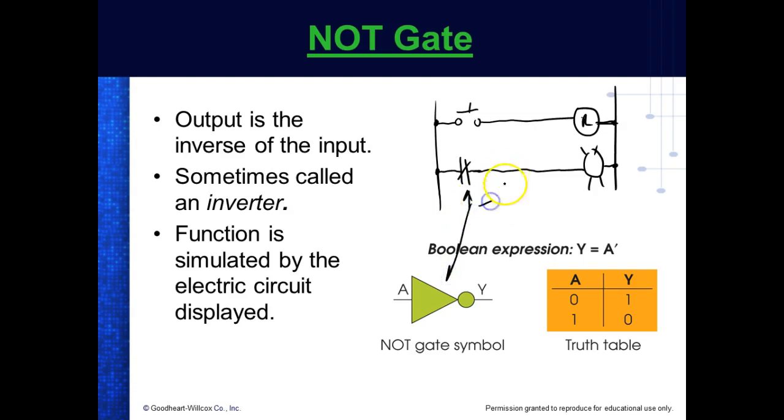Very simple. This is the NOT. It's a NOT because it's the opposite of what the push button is telling me. But right now, the push button is saying turn the light off, but yet the light's on, right? So here I'm getting a 0, here I'm getting a 1.